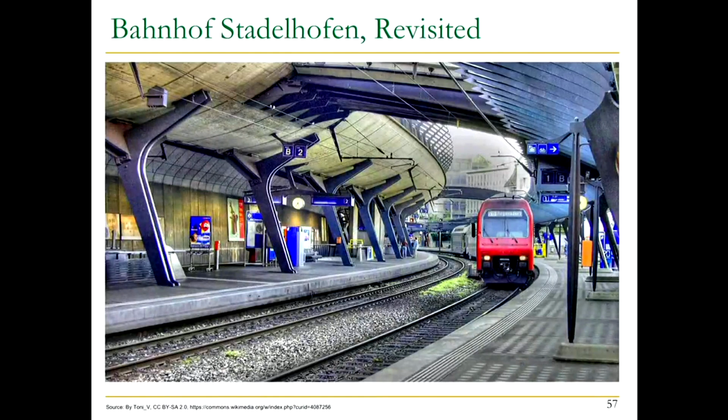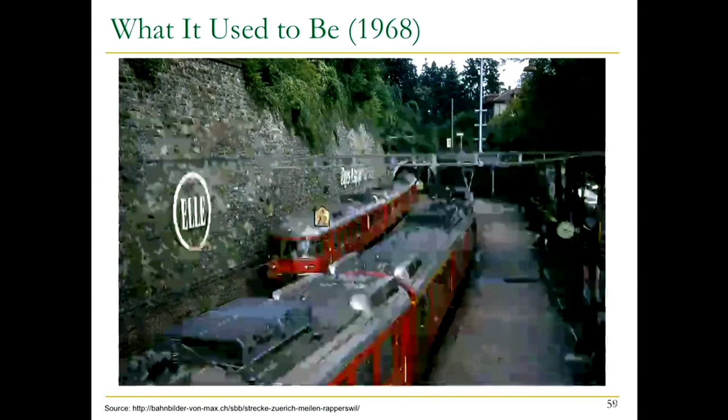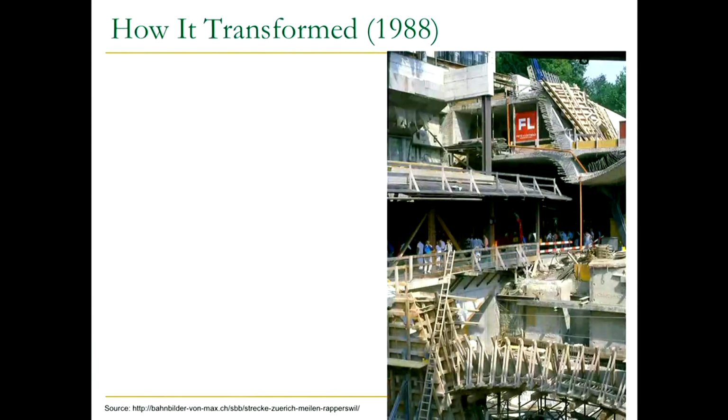Okay, let's go back to Stadelhofen and have some more fun over here. So architecture evolves, as I said. This is what it is today, actually circa when the picture is taken. 1967, it was something like this. 1968, it was something like this. It's similar. And it transformed, right? They gave the job to Calatrava, and he turned it into a building. As you can see, building happens based on some basic materials.